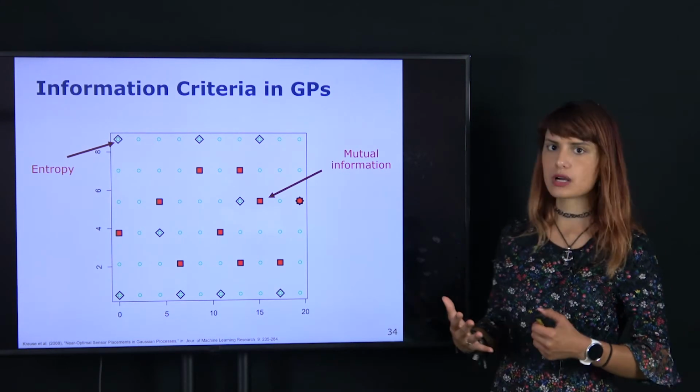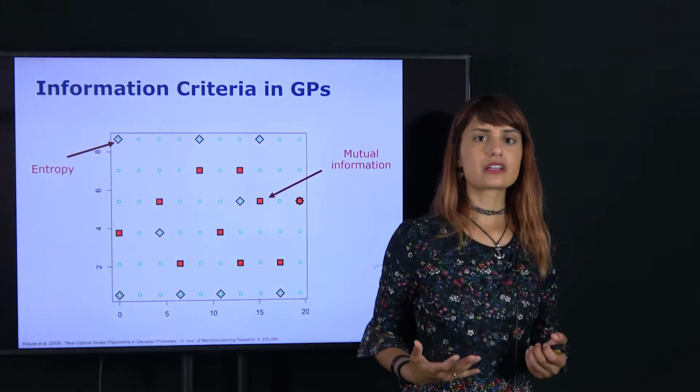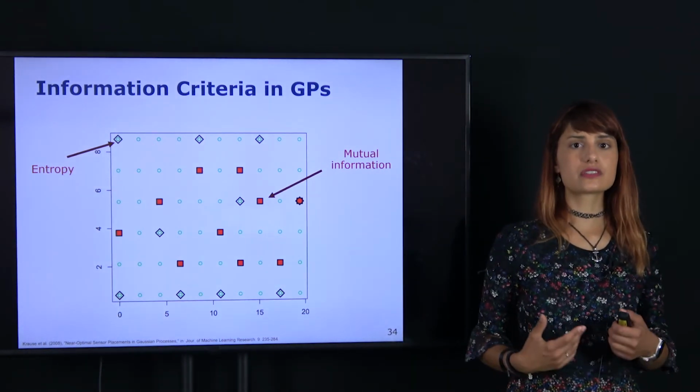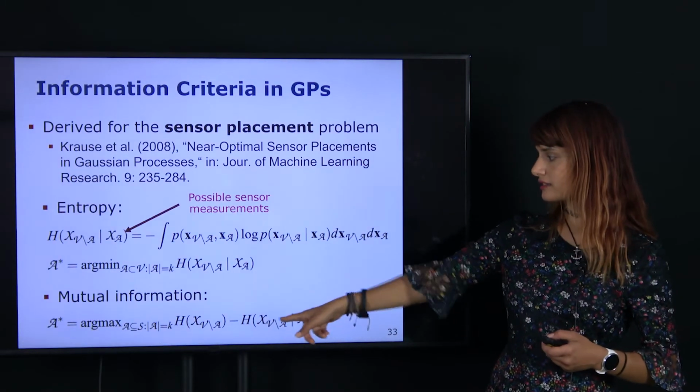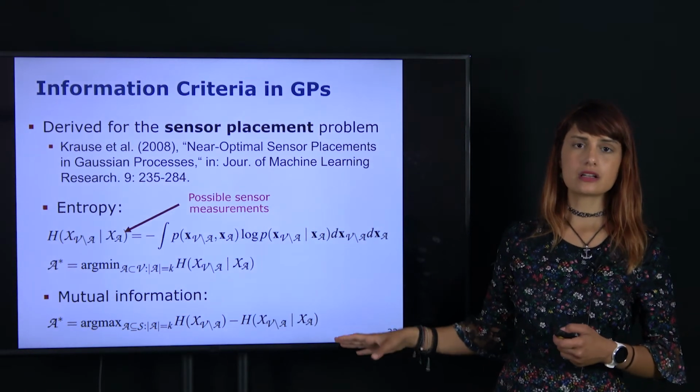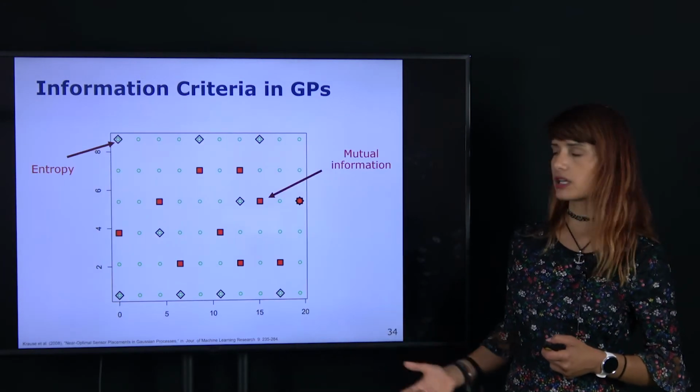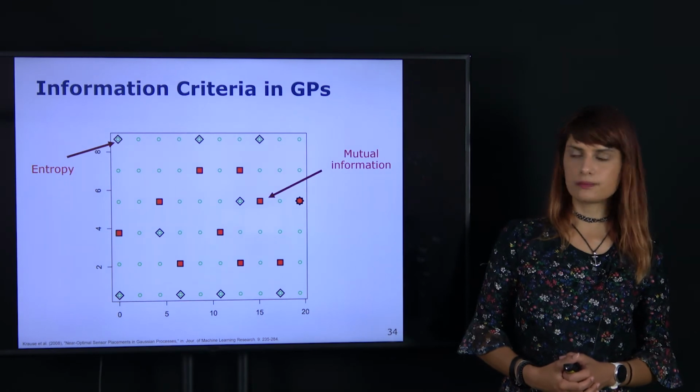So that's the reason why a lot of works on robotic informative planning prefer to use mutual information. It has this nice property that by looking at the difference between the entropies, the measurement locations are much more evenly distributed.